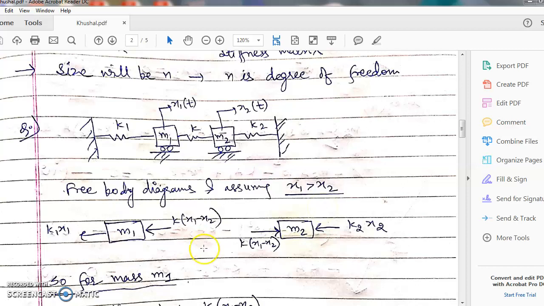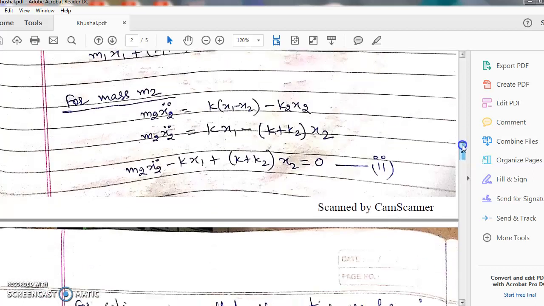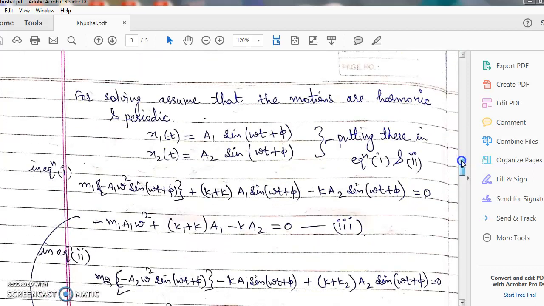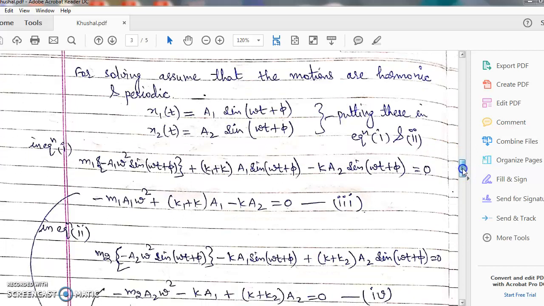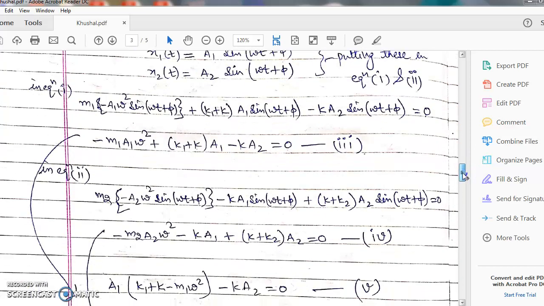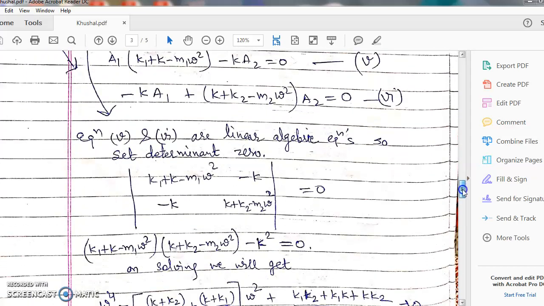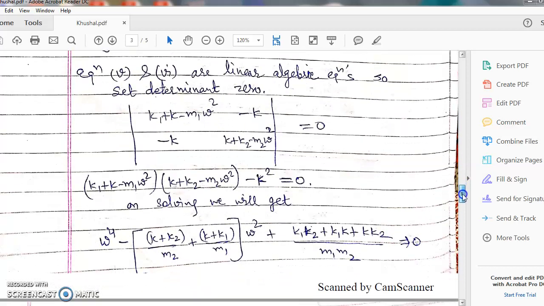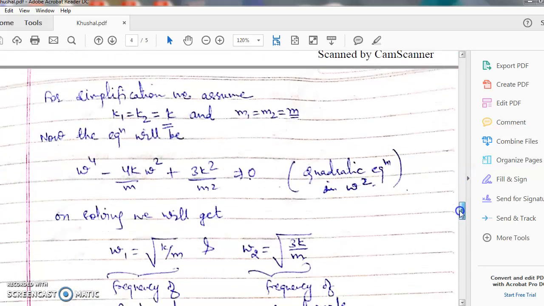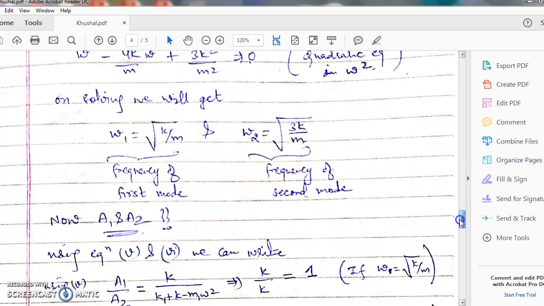Free body diagram, then make equations by Newton's second law. Assume a harmonic solution for x1 and x2. Putting this in the equations obtained by Newton's second law of motion, then setting the determinant to 0, we will get omega. Because it is quadratic, we will get 2 values.